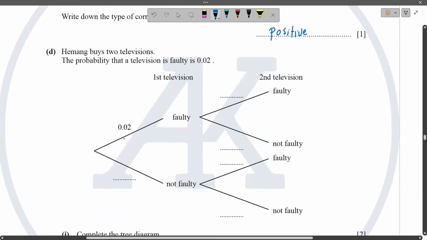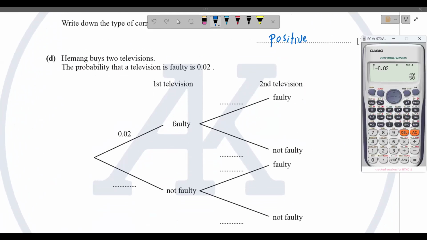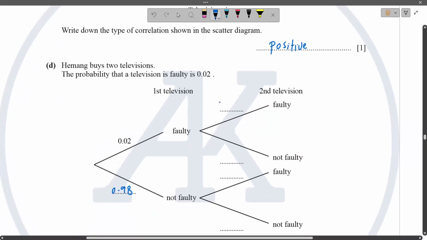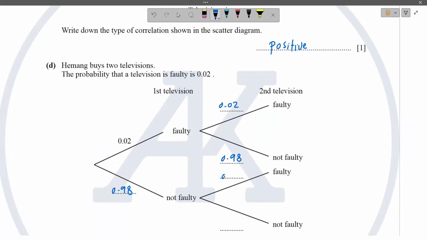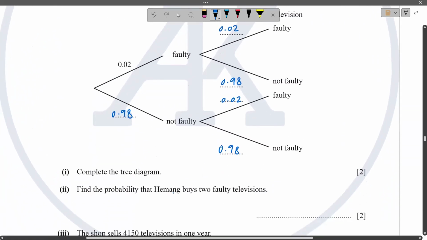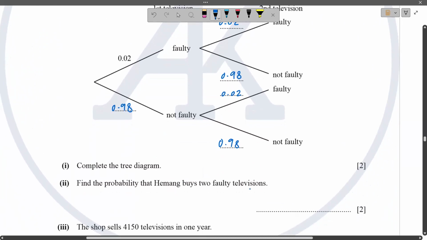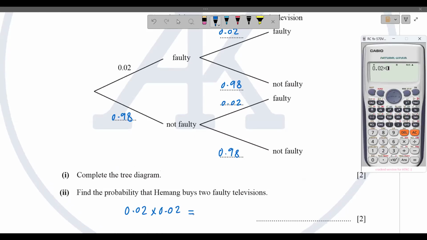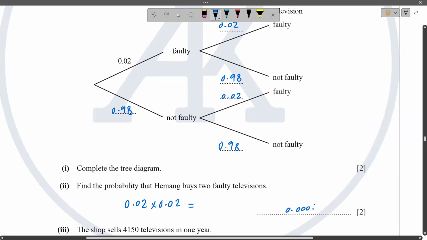So here we complete 1 minus 0.02, which is equal to 0.98, and the same for the other branches. The probability that he buys 2 faulty is 0.02 multiplied by 0.02, which is equal to 0.0004.